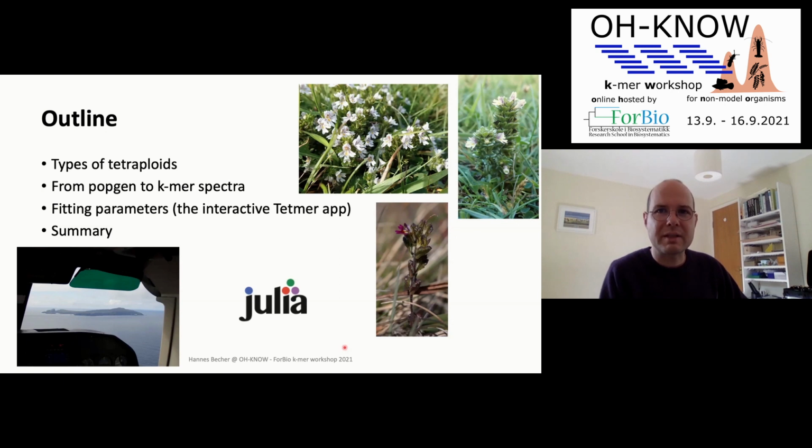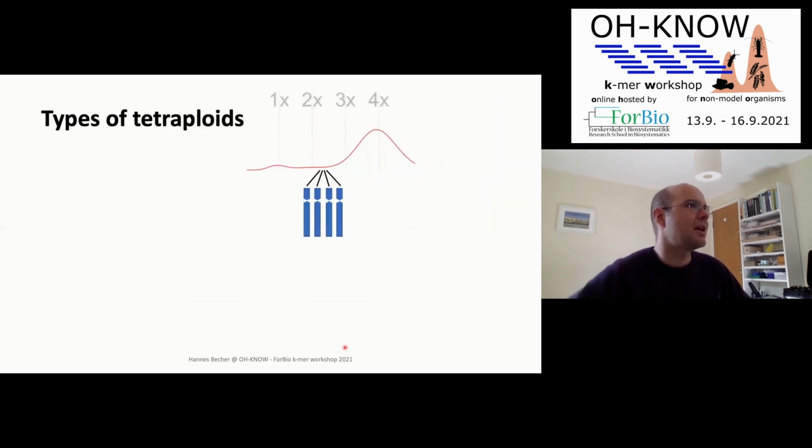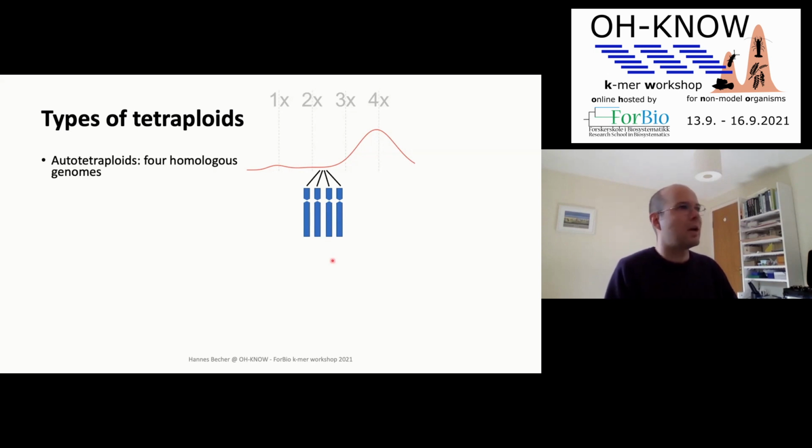Starting with the types of tetraploids, you are probably aware that there can be auto-tetraploids, where you have 4 sort of homologous genomes, represented here by these 4 blue chromosomes. In auto-tetraploids, you have genetic variation in these genomes that can segregate across all 4 genomes.